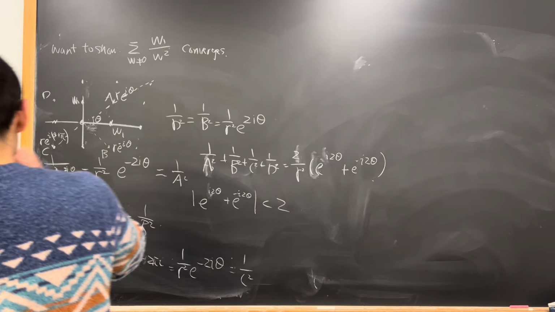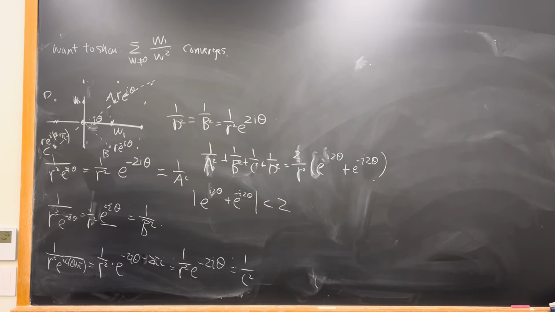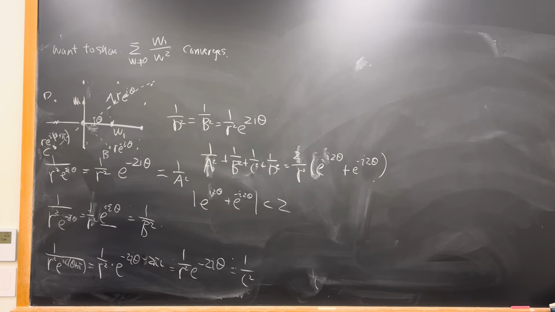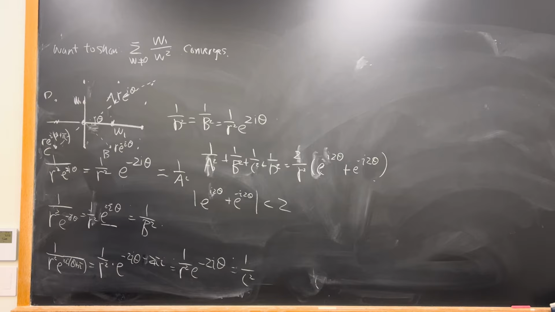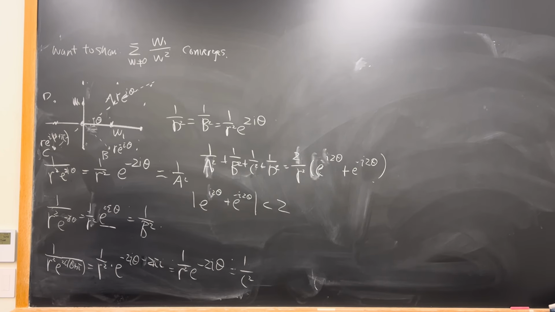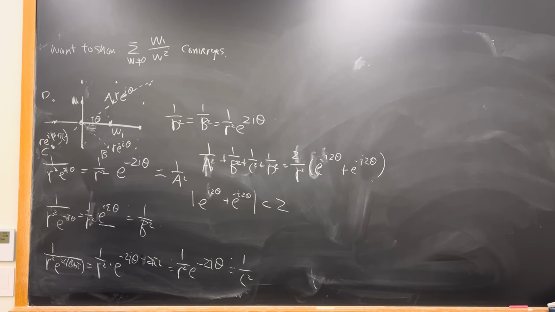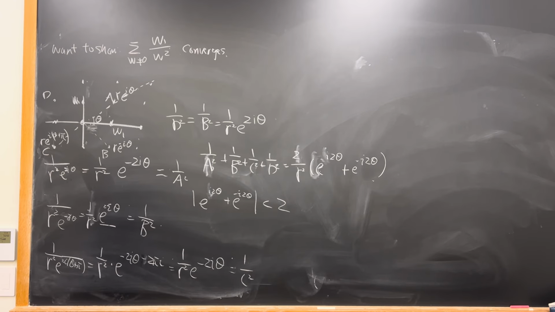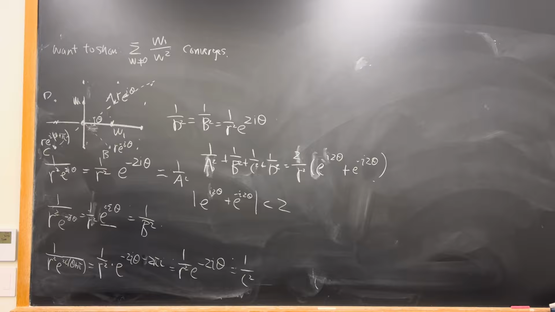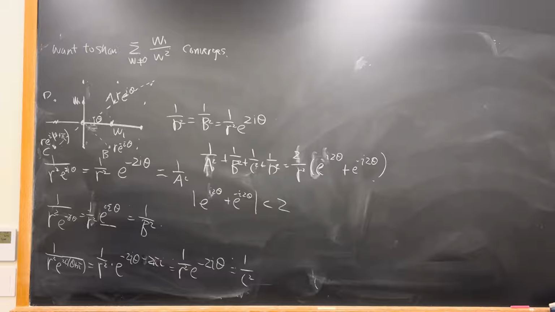If you have a sequence whose modulus converges, which means that it converges absolutely, then it is true that the whole sequence really converges. Let me think. If the modulus of the sequence converges.